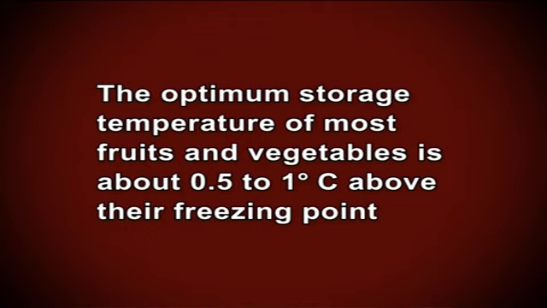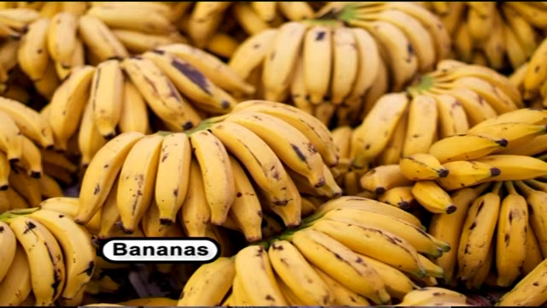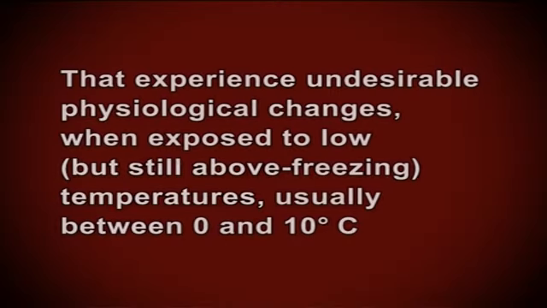But this is not the case for some fruits and vegetables such as bananas and cucumbers that experience undesirable physiological changes when exposed to low but still above freezing temperatures, usually between 0 and 10 degrees centigrade.